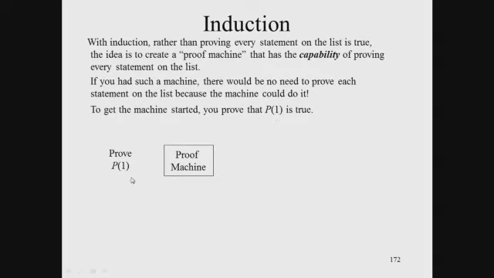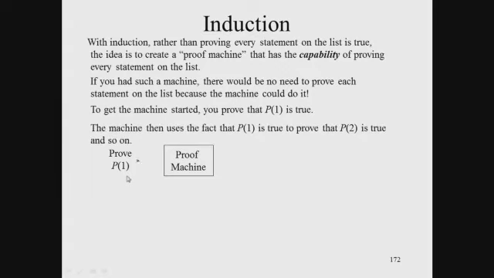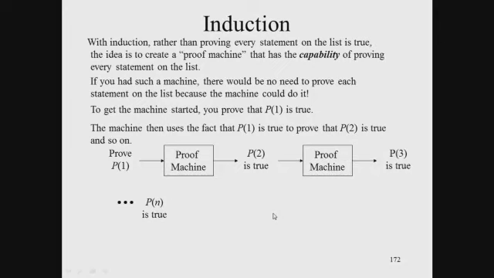And once you know that P of 1 is true, what we plan to do is put that into the proof machine and let the machine prove automatically that P of 2 is true. And as soon as we know that P of 2 is true, what we plan to do is put P of 2 into the proof machine and let the proof machine show us that P of 3 is true. And we keep doing this until eventually the machine proves that P of n is true.